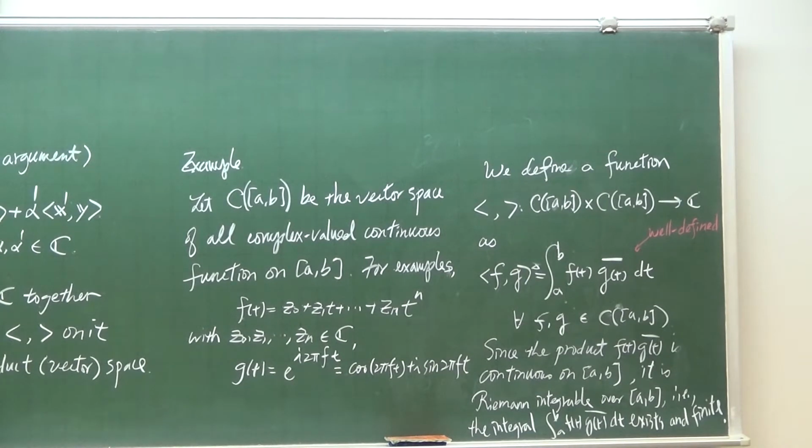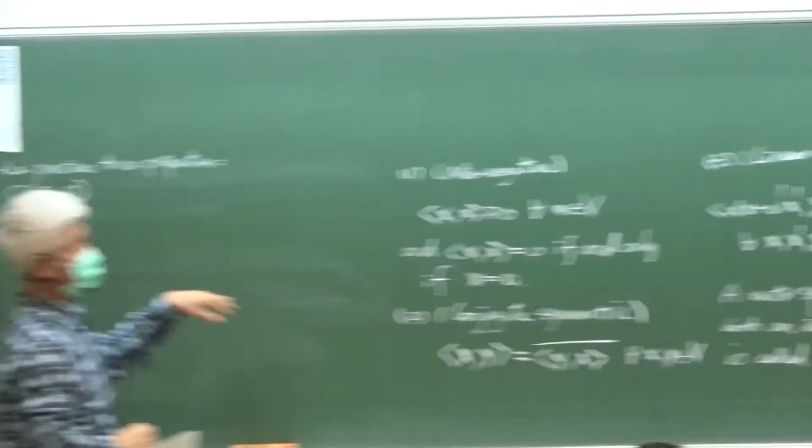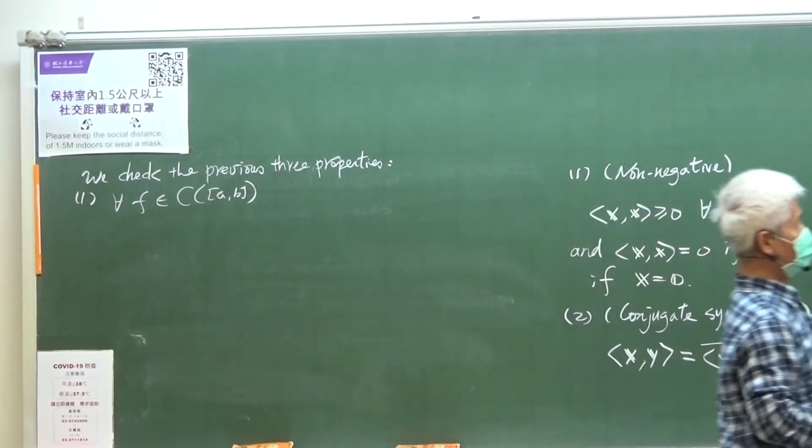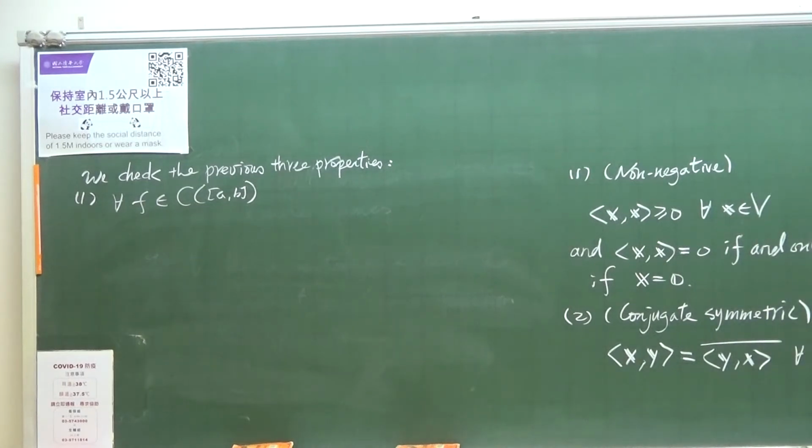First of all, for all f in this vector space, we know it's a vector space from the previous chapter, right? We consider a function space like that.